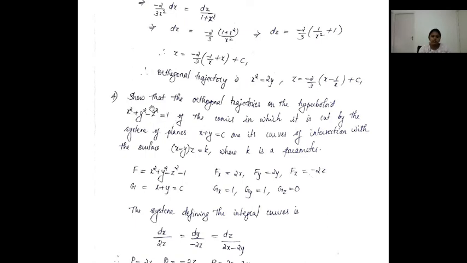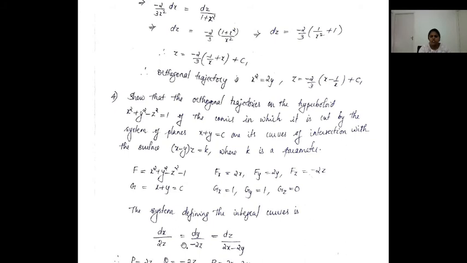So that is your f of x, y, z equal to 0, and they are cut by the system of planes. So this is the system of curves x plus y equal to c. So that is your g of x, y, z equal to c, and you have to show that the system of curves which forms an orthogonal trajectory is given by x minus y into z equal to k. So first of all find out fx, fy, fz, gx, gy, gz.